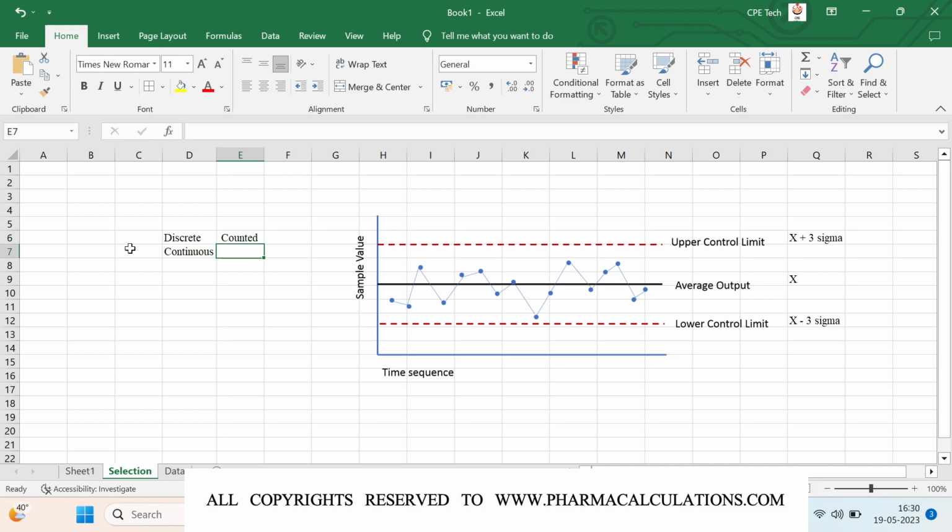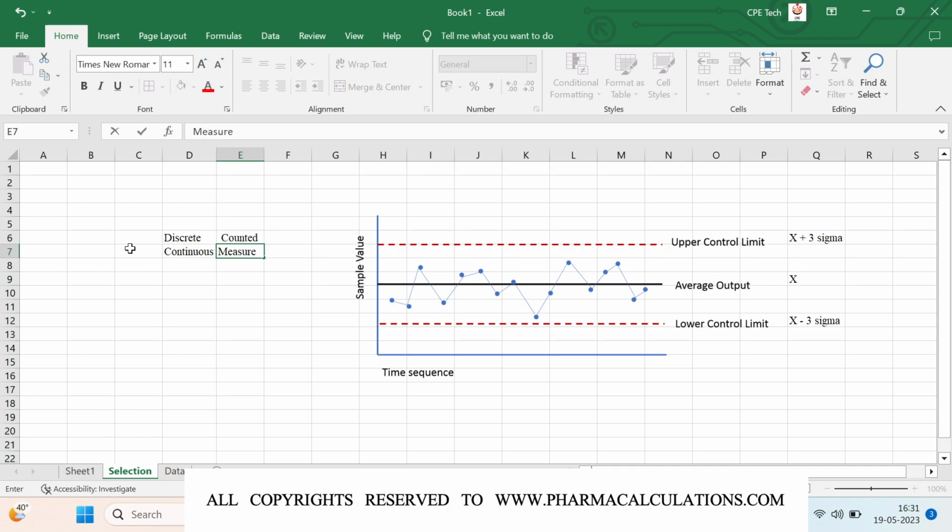I am not discussing anything about the quality or the yield, but only the number of batches executed in a specific financial year. If you count the number of batches in different months, it is discrete data, because you are counting the number of batches. Coming to continuous data, this is data which you are going to measure.